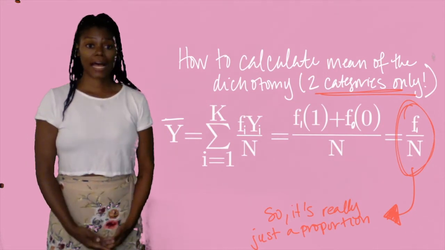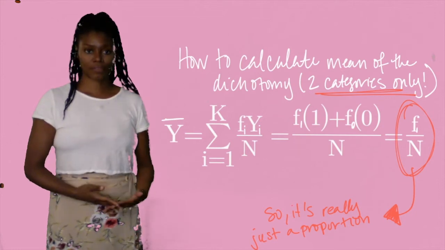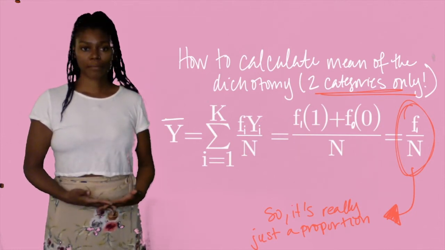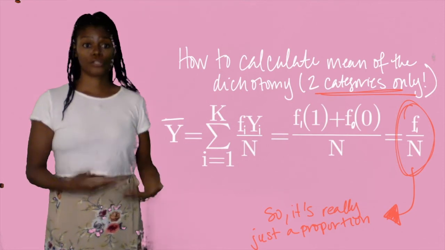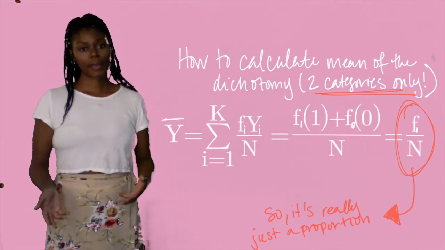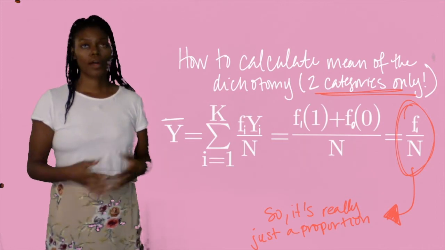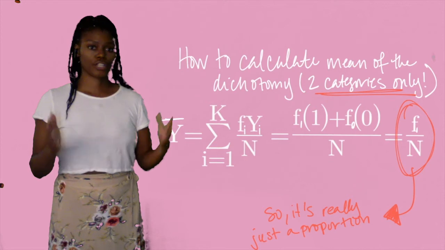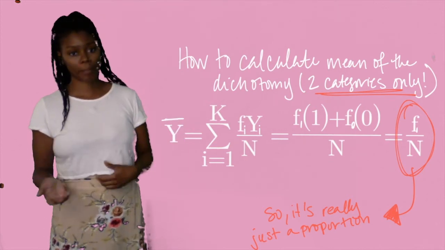The last way to calculate a mean of a variable is dichotomous variables. When we talk about dichotomous variables, we simply mean 2 categories. Dichotomy means 2 categories. Oftentimes in social science research, those 2 categories are yes, no. They could also be sort of rigid gender or sex variables where you're just looking at male, female, or man, woman.